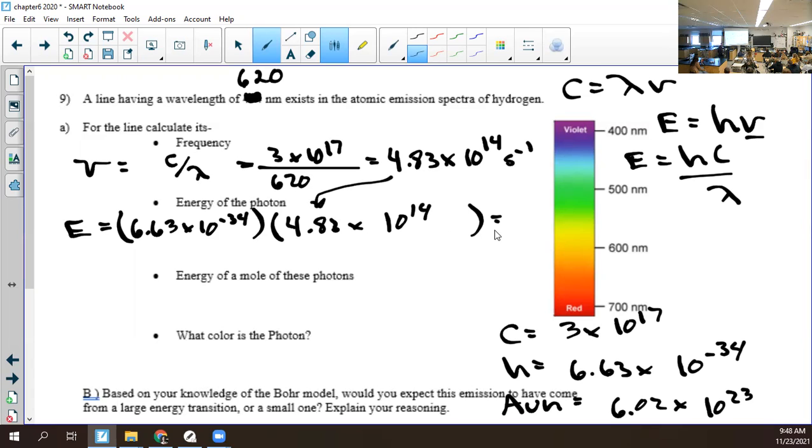This is very calculator screw-up-able, so I would be really OCD on your parentheses. What I usually do, and you don't have to do this, this is Tom Davidson, who got burned with math his whole life. I will type this number in, 6.63 times 10 to the -34, and then I hit enter.